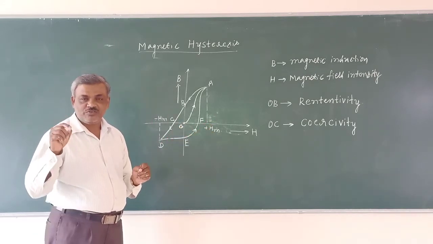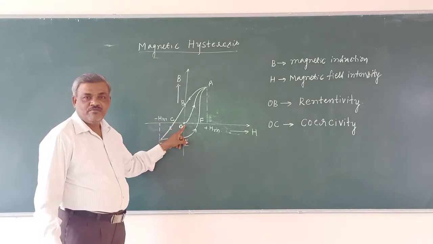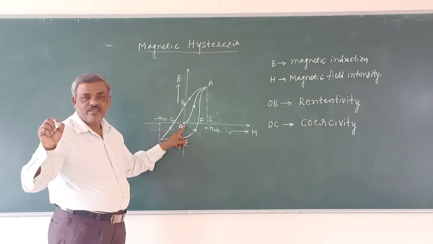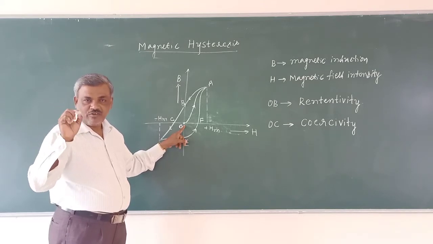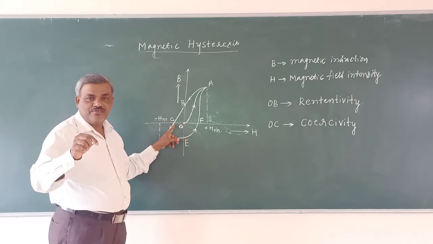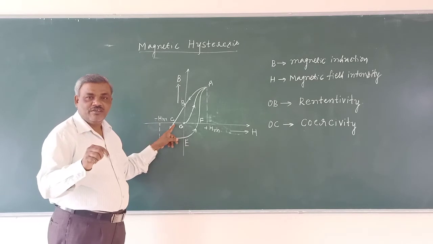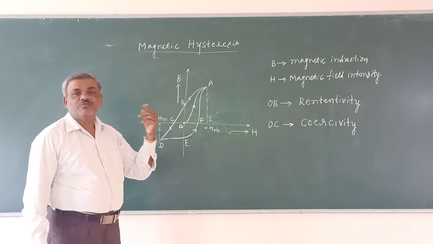Define coercivity: the value of magnetic field intensity when B equals 0, the magnetic field intensity required to demagnetize the specimen completely in the reverse direction. This portion OC of the graph is called coercivity.